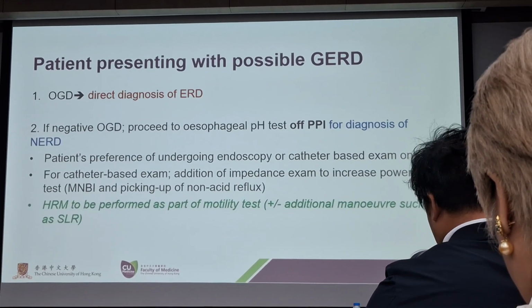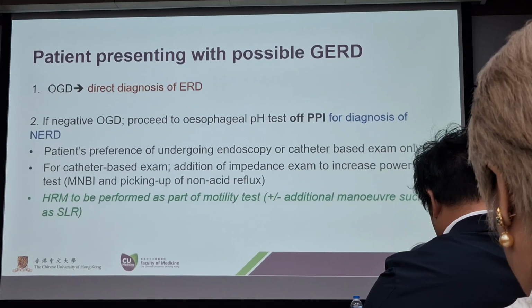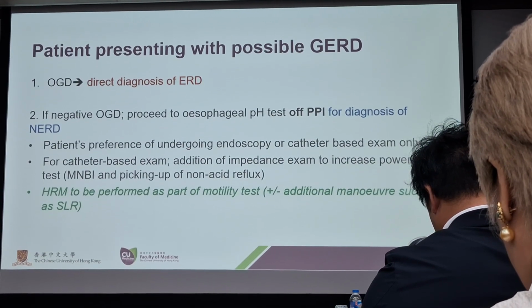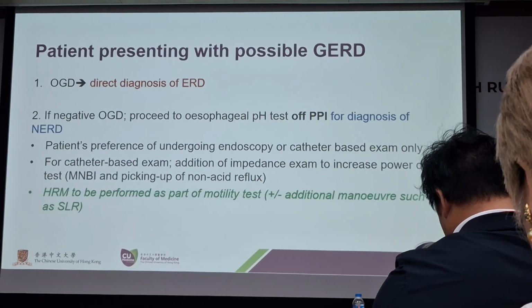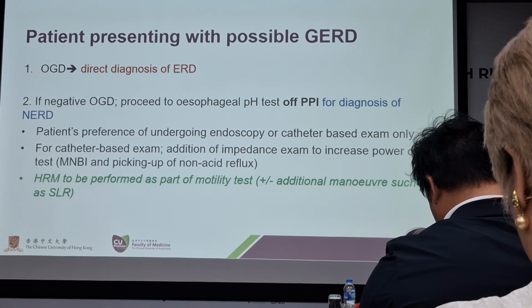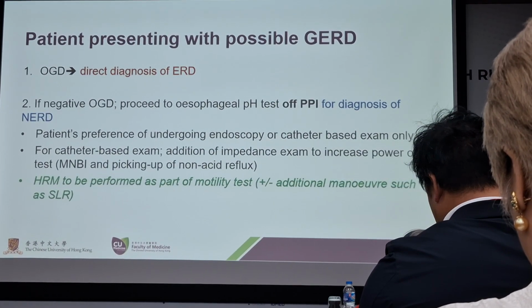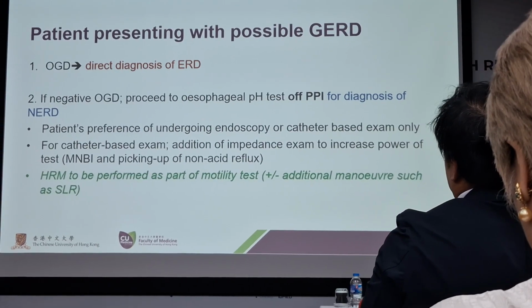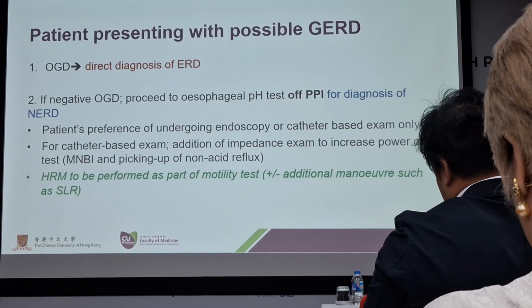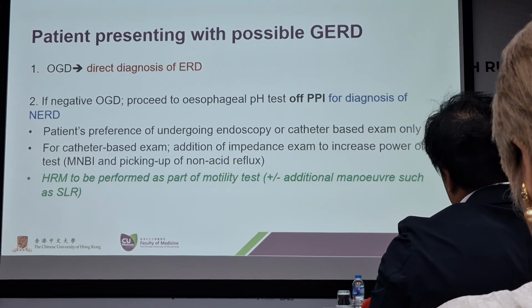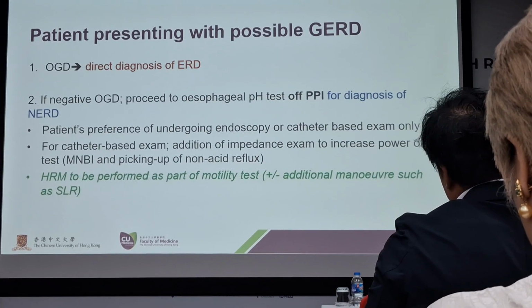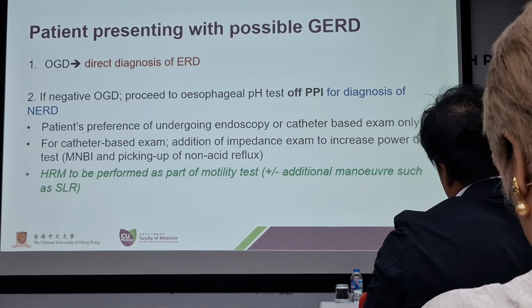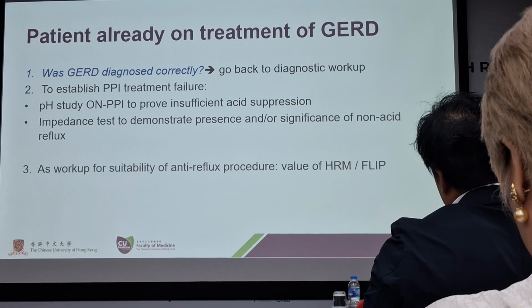If the OGD is not positive, then you want to know whether the patient has NERD or not, so you should probably proceed with a pH study while the patient is not on PPI, because you don't want to have false negative results. And the choice of the pH study, be it catheter-based or wireless, will probably depend on the local resources available, the cost concern, and probably patient preference.